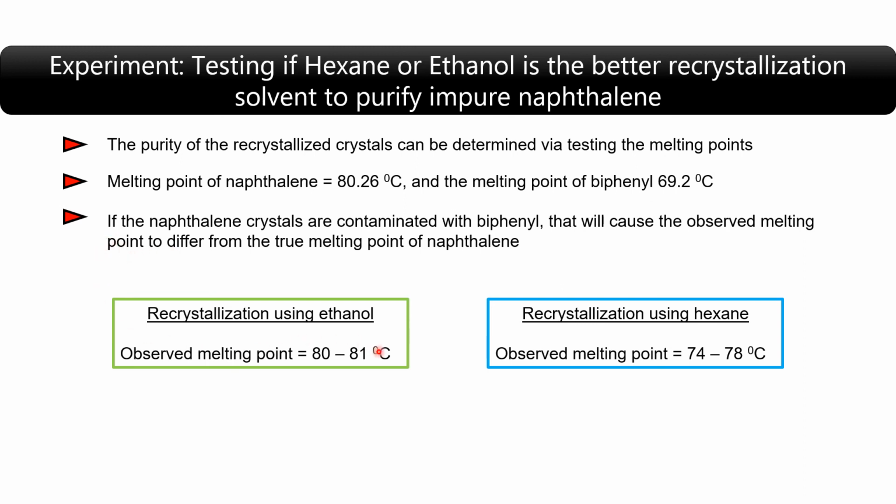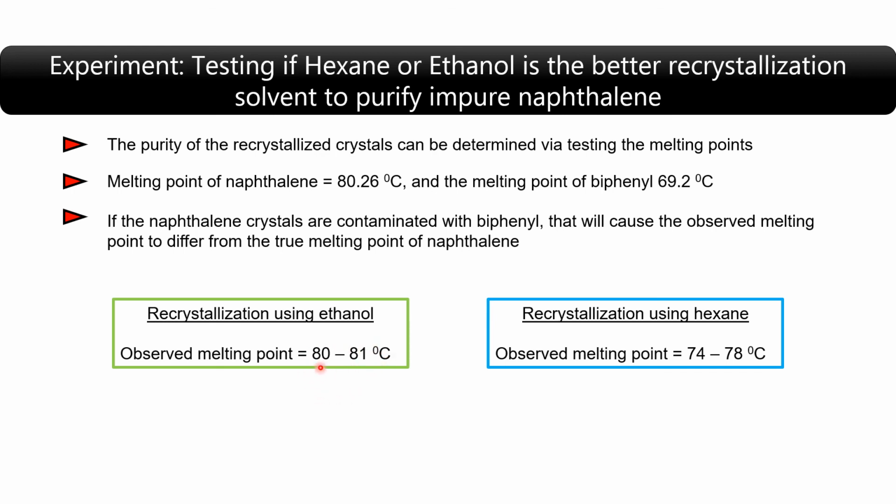So you can consider these numbers as the results obtained for the observed melting point for the crystals recrystallized either by using ethanol or by using hexane. You can see the observed melting point for the crystals that were recrystallized by ethanol.